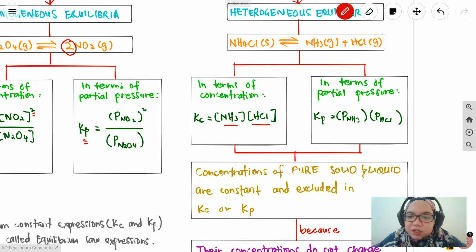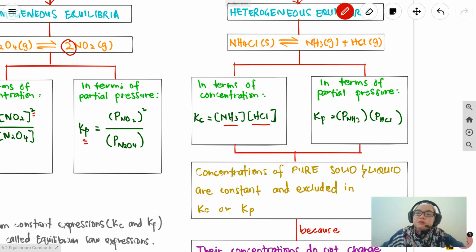We include the gas phase only. The solid is not included. In terms of partial pressure, Kp is equal to the partial pressure of NH3 times the partial pressure of HCl. Same as well, we do not include the solid.